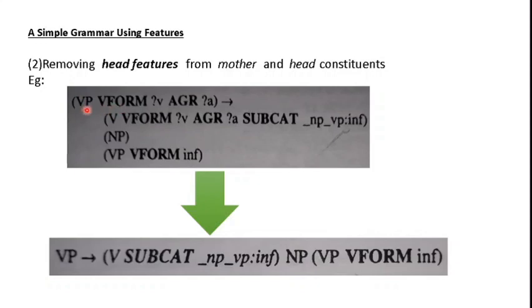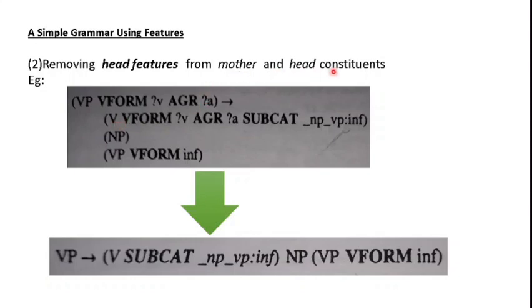So if you see the case here, on the left we have a verb phrase, right? The constituent on the right which closely conforms to that VP on the left is this V on the right. So what you can say is that here the mother is the VP part on the left, and the head is the V part on the right. So that clears what is mother and head.